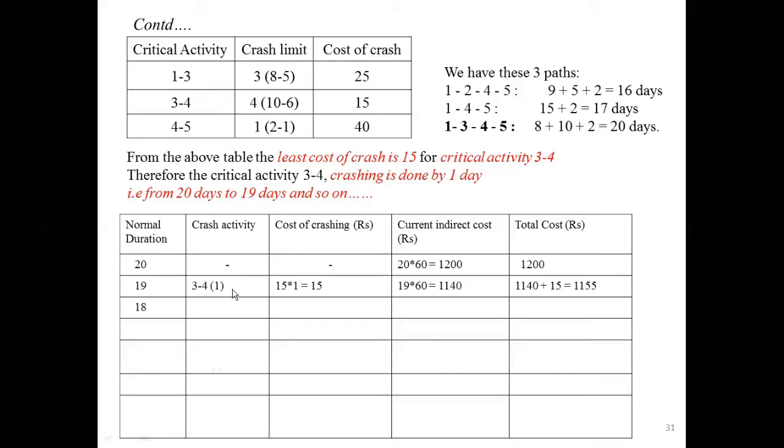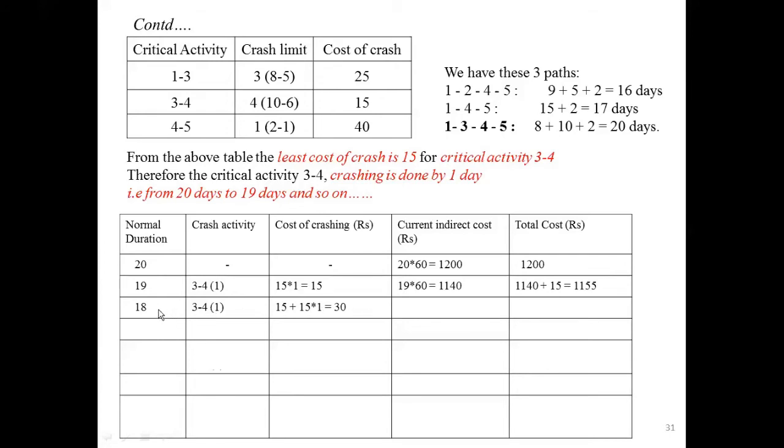That is, if you reduce one more day for the activity 3 to 4, the possibility is 4 days you can crash. It means you can reduce by 4 days. The next, cost of crashing, the previous 15 for this activity 3 to 4, 15 into 2, then you will get 30.